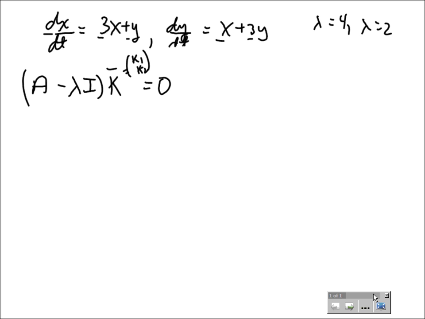And we want this to be 0. Now if lambda is 4, I'll do it down here. This here is A: 3, 1, and then 1, 3. And we want to take away 4 from each of the diagonal entries. So this here is what we get.